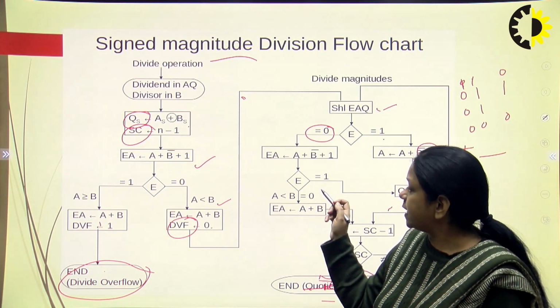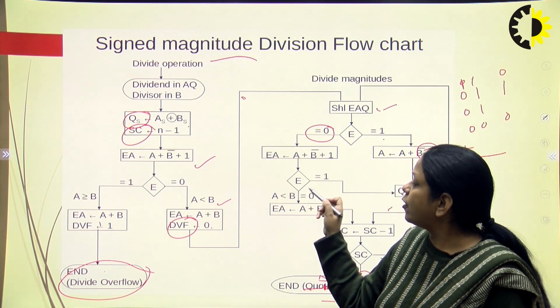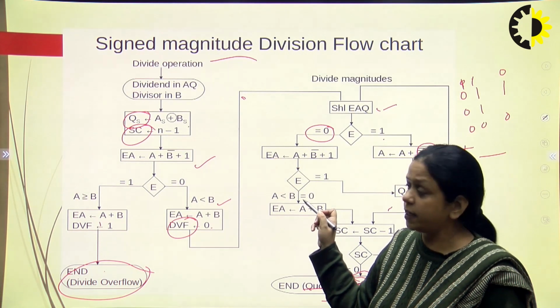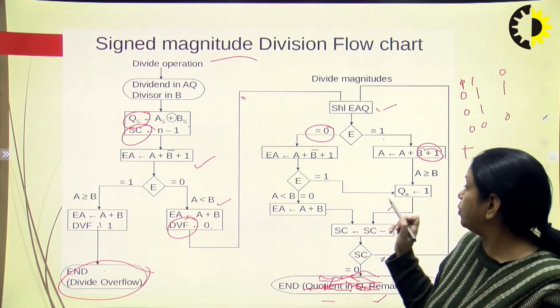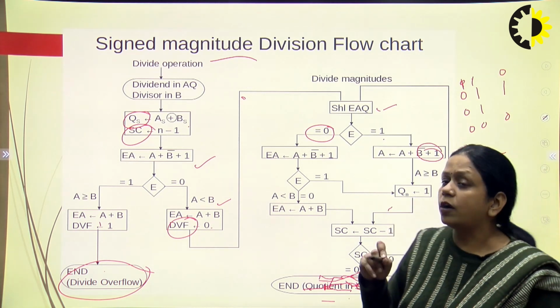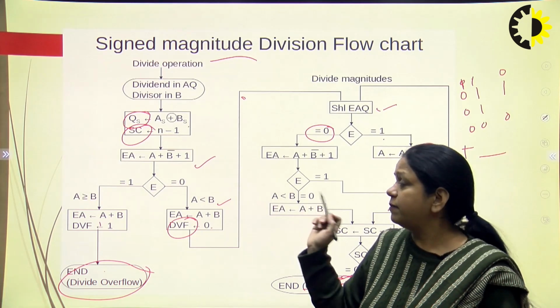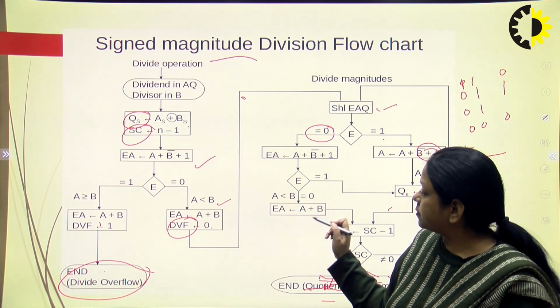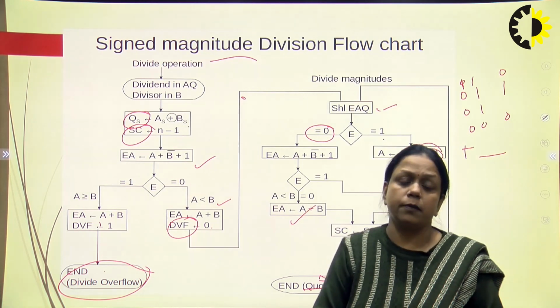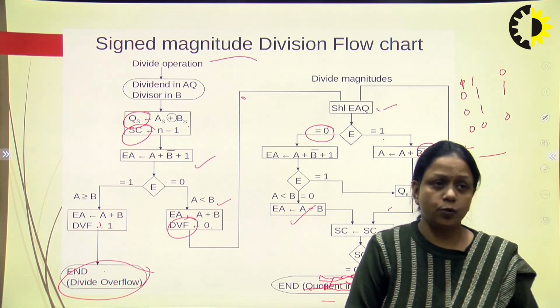In the next case, after the subtraction, if the value of E is equal to 0, what does it mean? A is less than B. Then there is no need to change the value of Qn to 1, since A is less than B. Now again we will add A plus B. This is the restoring step in the division algorithm, because we are discussing the restoring algorithm here.